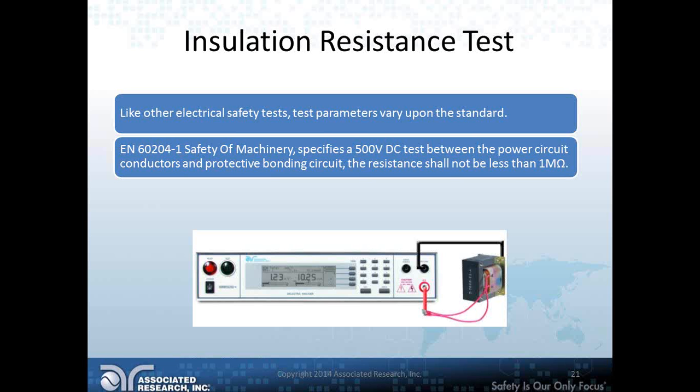It's giving us the voltage and the minimum resistance required. Basically what it's saying is that the resistance of your product should be at least 1 megaohm, not less than 1 megaohm. Based on this, we can set our test trip threshold settings.